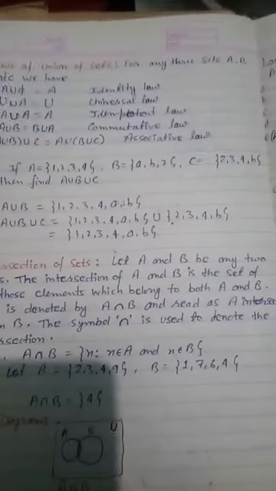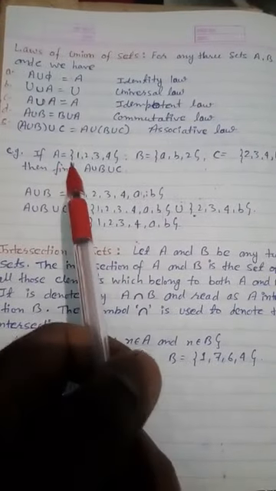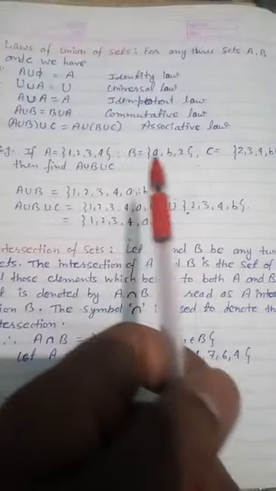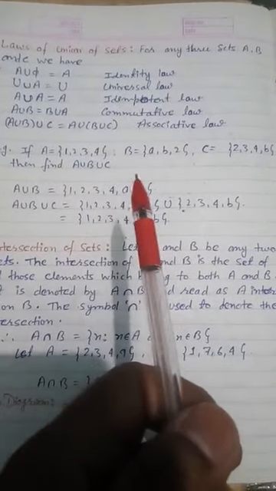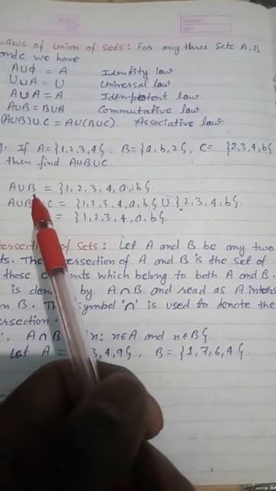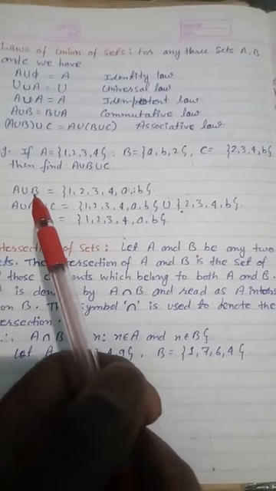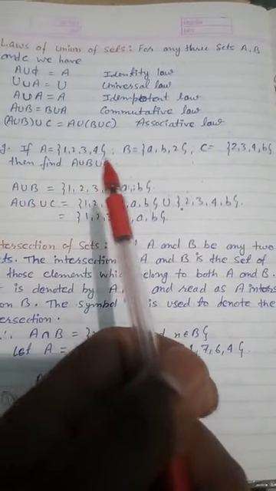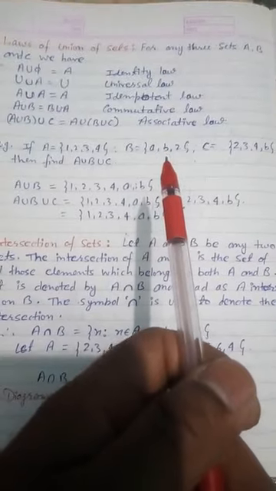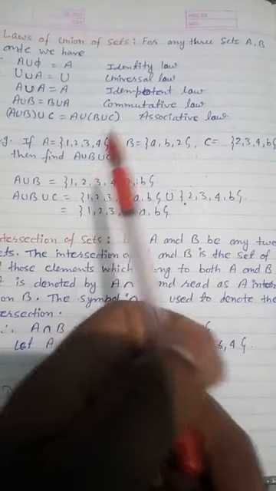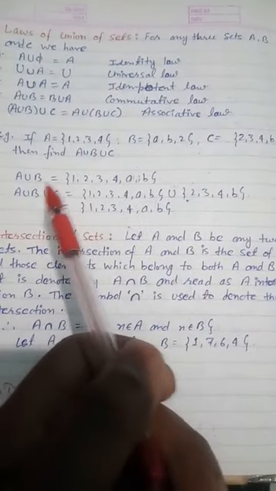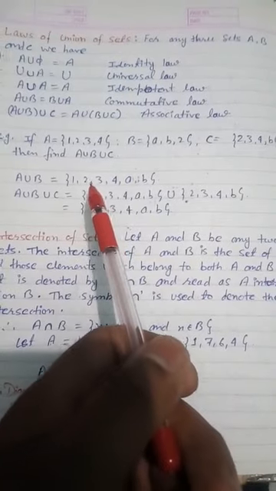For example, let us take a set A equals {1, 2, 3, 4}, B equals {a, b, 2}, C equals {2, 3, 4, b}, then find A union B union C. We have to first find A union B. Firstly, A union B is equal to {1, 2, 3, 4, a, b}. 2 is a repeated element, so we write 2 only one time.